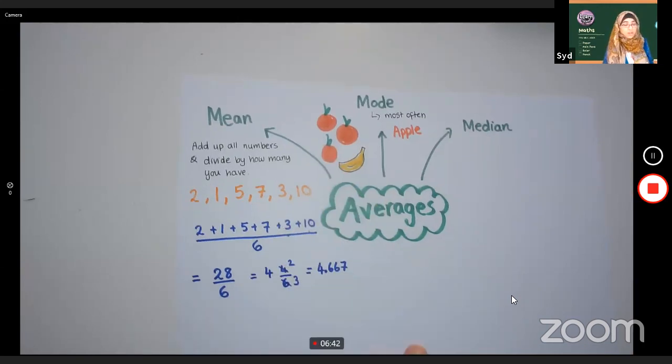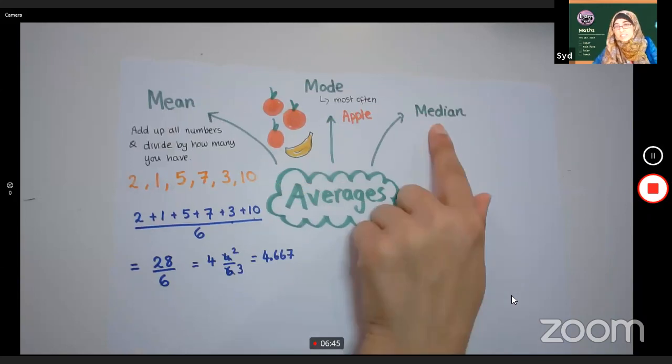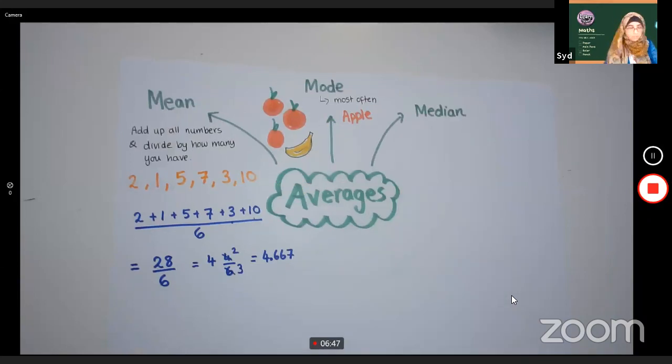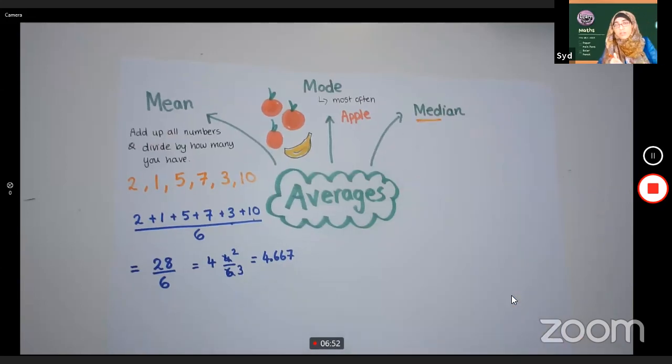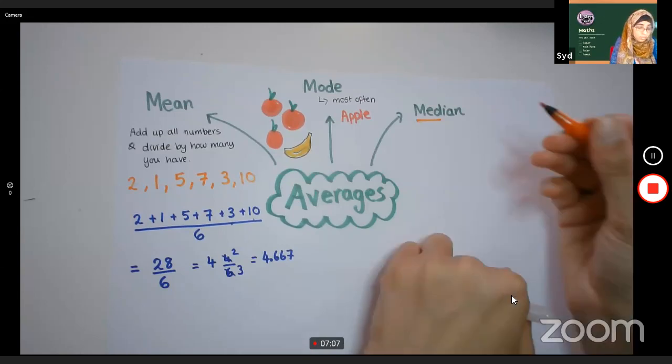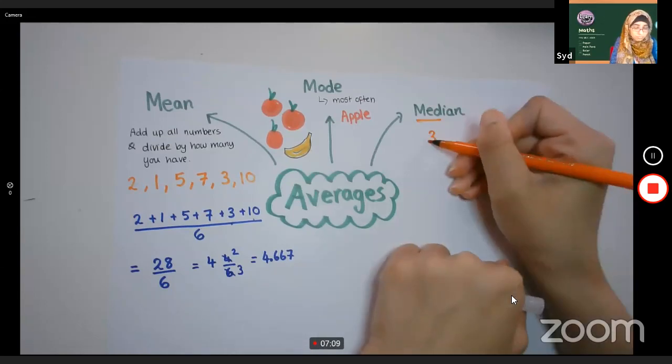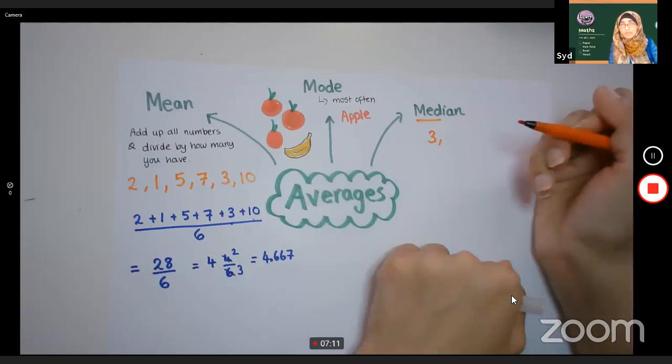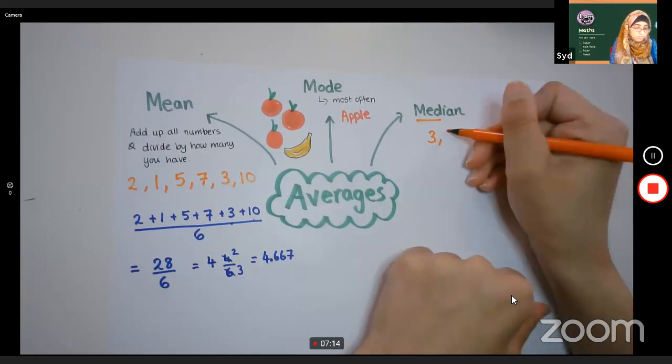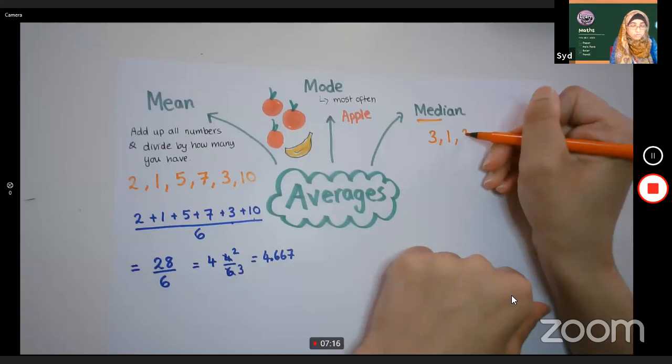Okay, next one we have is median. And the name kind of gives it away. Can you see the bit at the beginning? It's median. And we're talking about the one that's in the middle when you put everything in order going up. So this has to be numbers again. Okay, so if, for example, we have 3, 1, 2.